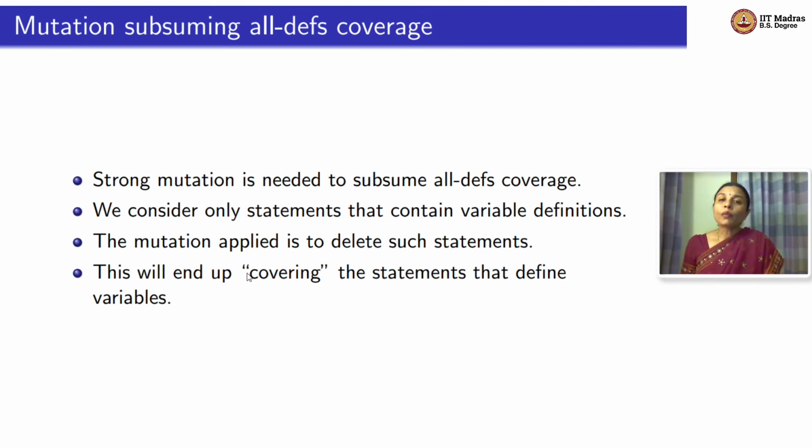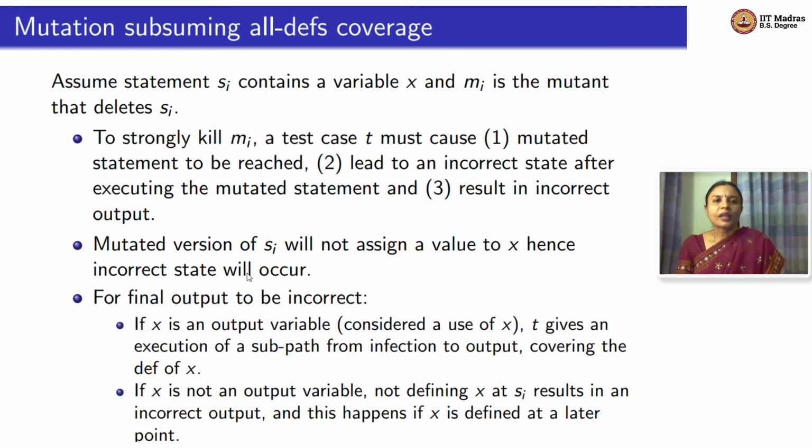In general, we don't delete individual statements in mutation testing, but for the sake of showing how mutation testing can be made to subsume all definitions coverage, we take the statements that define variables and delete them, and this implicitly has the same effect as covering the statements that define the variables.